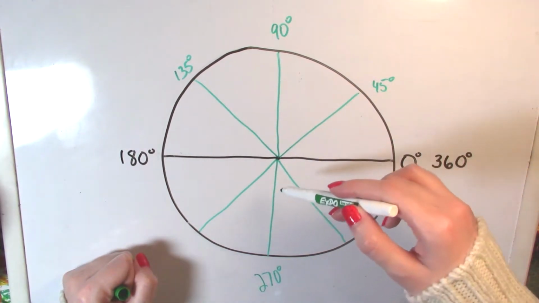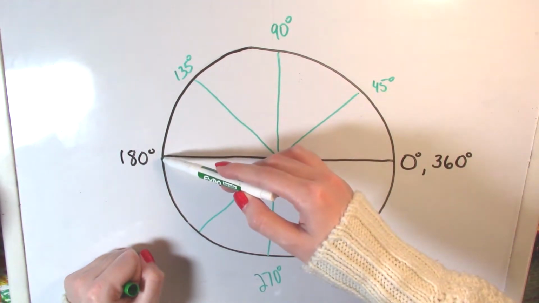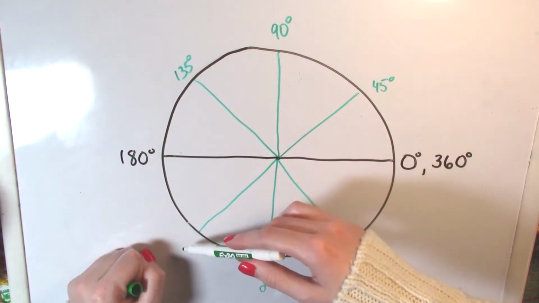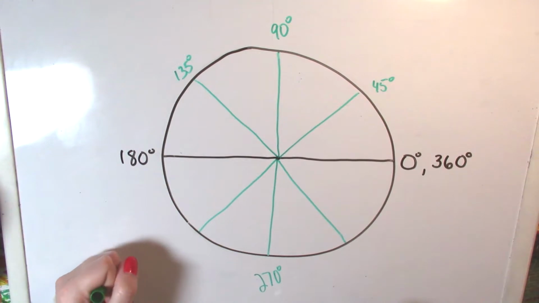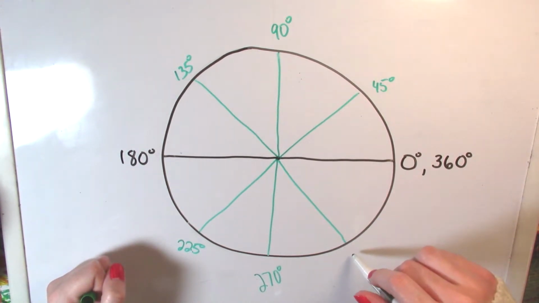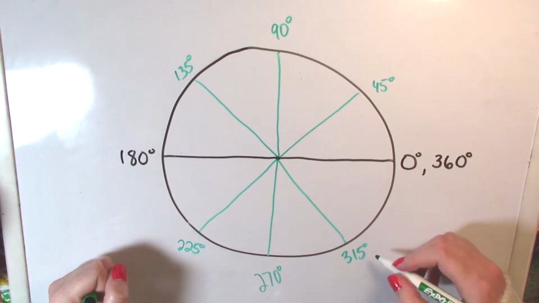But if you wanted to be careful and cautious, you could just keep going. I added 45 and got to here. If I add 45 again, I'm going to get to 225. Then from 270, we move 45 degrees over again and get to 315.